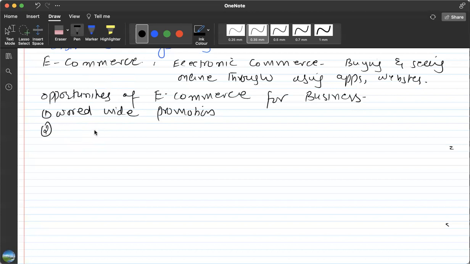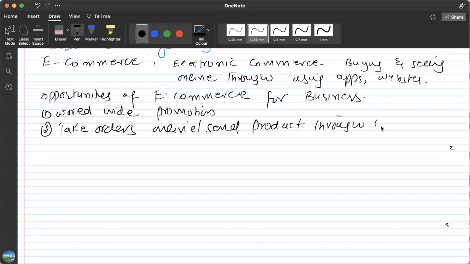There is no need to keep the retail store now. And that warehouse can be your home too. So low cost. Through the warehouse.